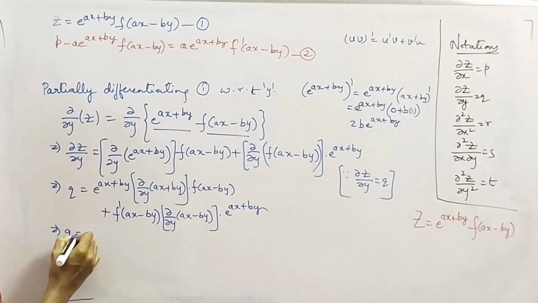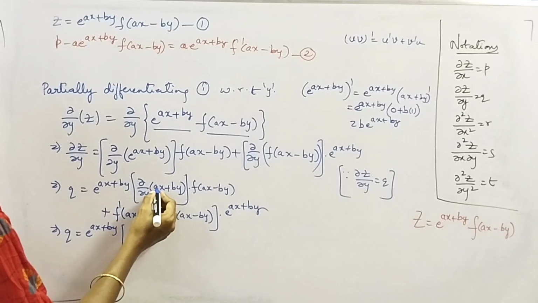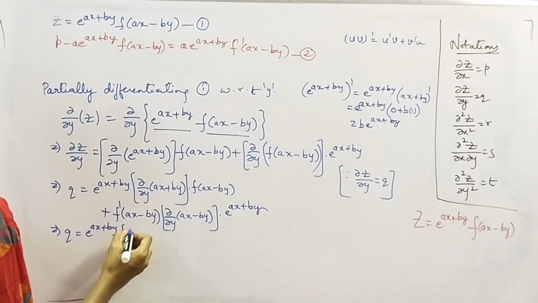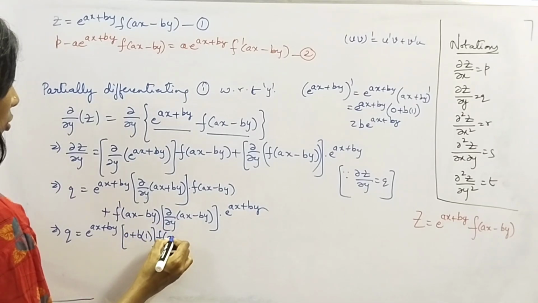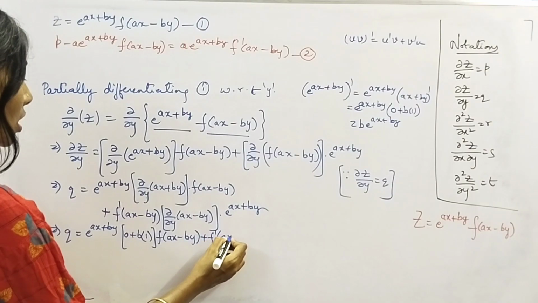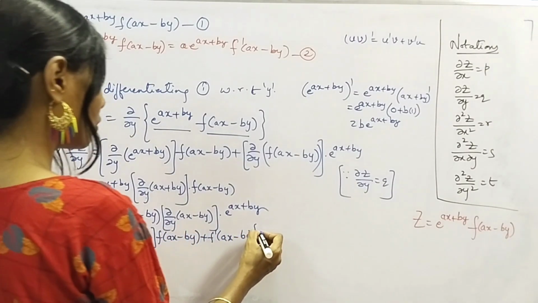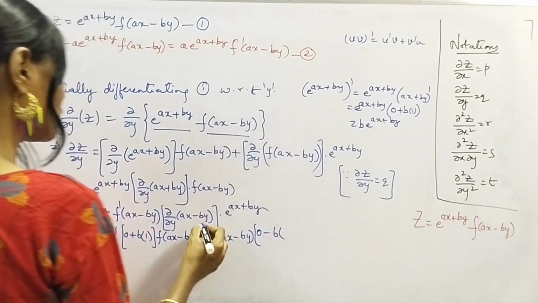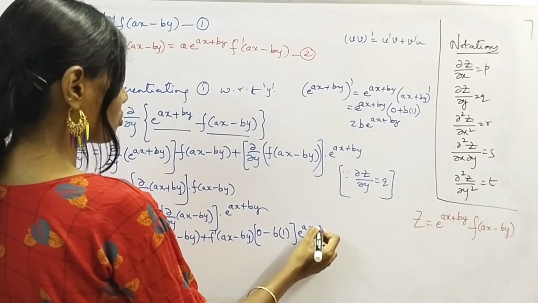This gives us q equal to e power ax plus by into the partial derivative of ax with respect to y, which is 0, plus constant b into the partial derivative of y with respect to y, which is 1, into f of ax minus by, plus f dash of ax minus by into the partial derivative of ax with respect to y, which is 0, minus b into the partial derivative of y with respect to y, which is 1, into e power ax plus by.